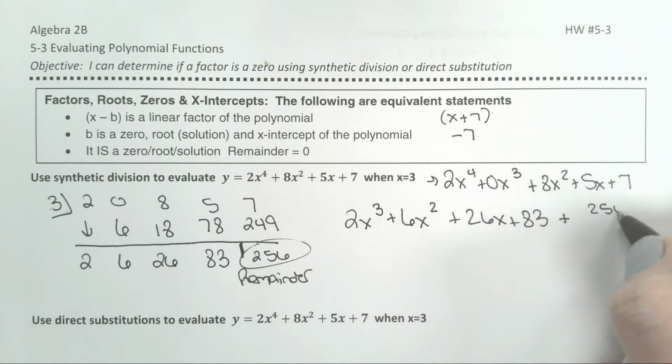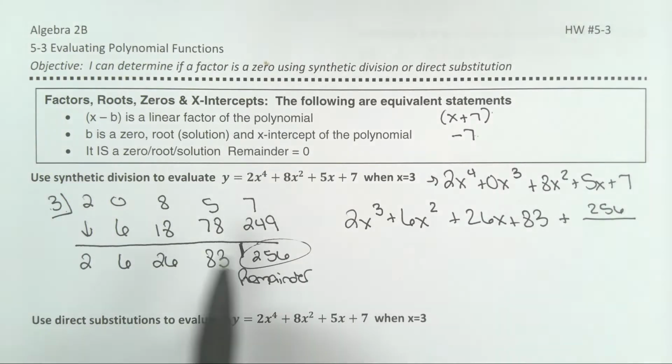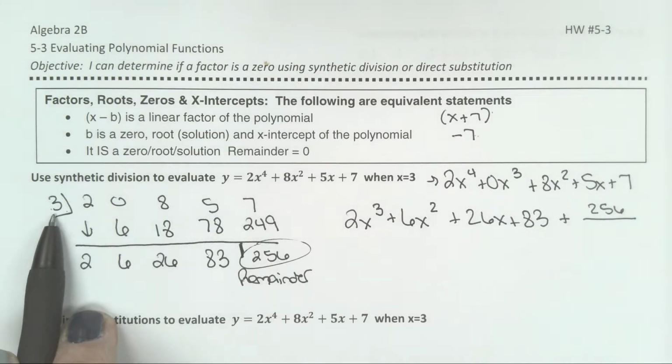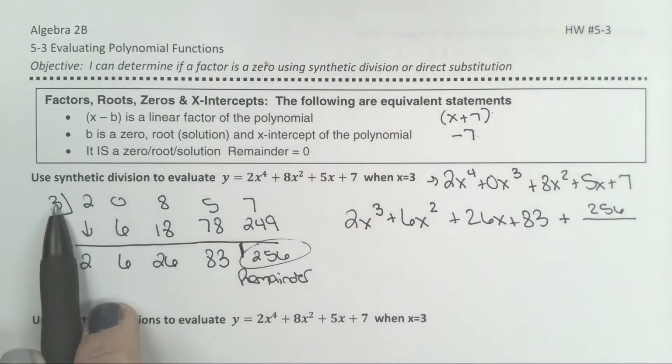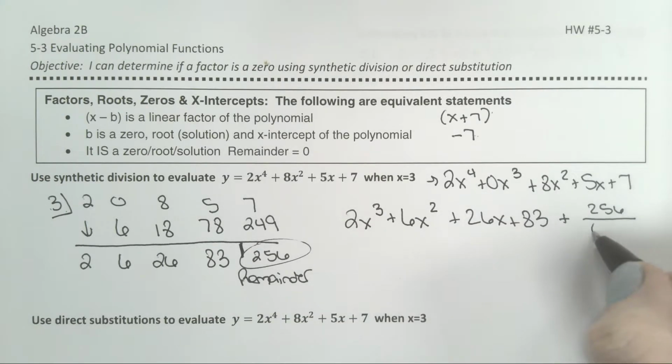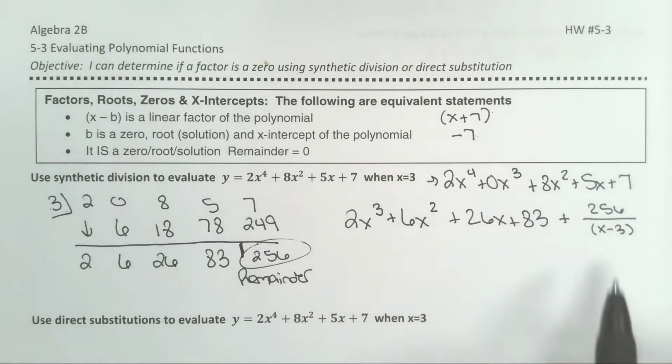remainder of 256. All right, so when you're not given it as a linear, you're just given the number, you have to remember that it's going to be the opposite. So if this is a 3, that means that as a linear, it looked like x minus 3.